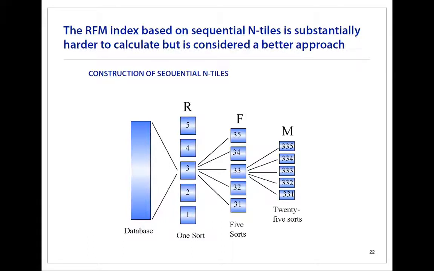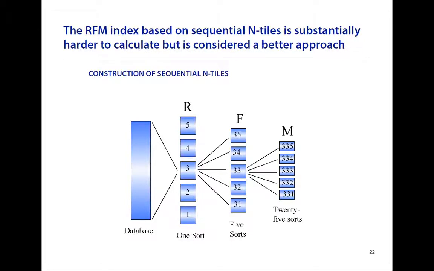The reason we sometimes want to use sequential instead of independent is that RFM groups under the sequential approach are more homogeneous within groups, and more different across groups. Take the RFM groups 331 through 335 as an example.